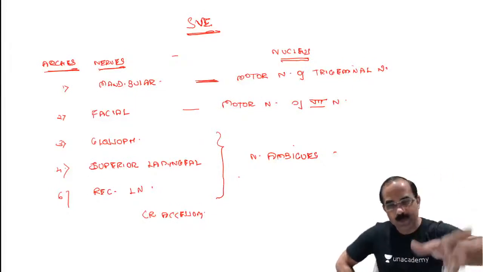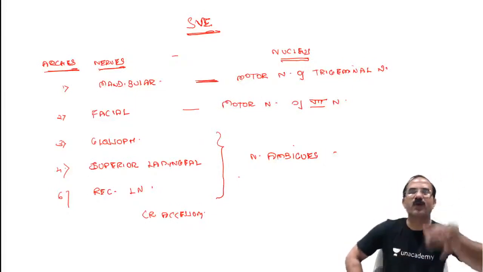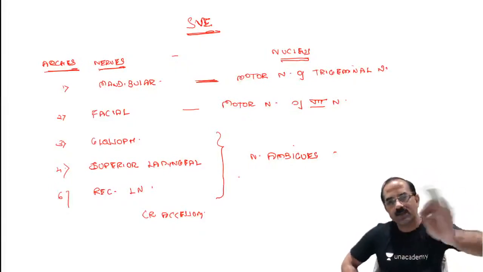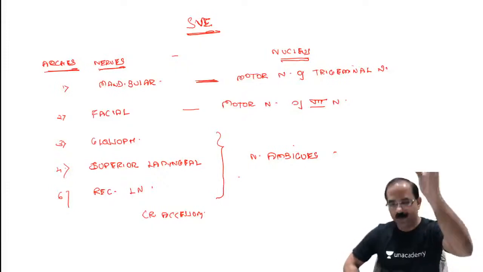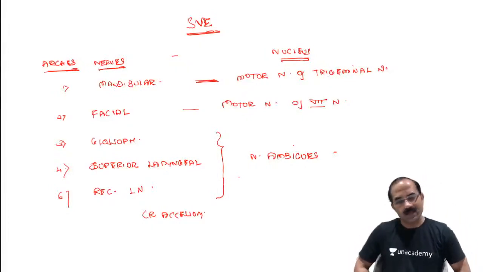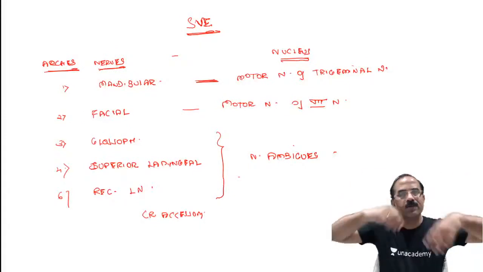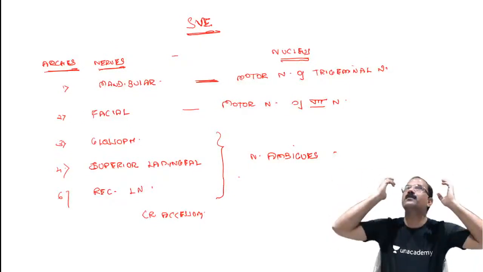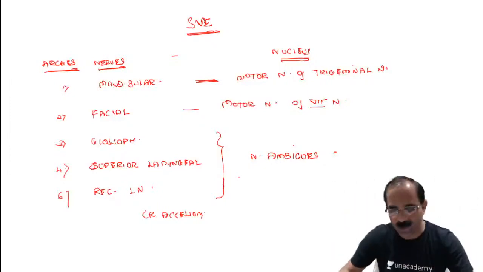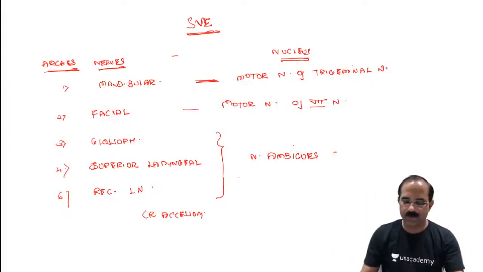So nucleus ambiguus is a common nucleus for the glossopharyngeal nerve, the vagus nerve and one more nerve which goes with the vagus, the cranial accessory. Tell me, there is a similar nucleus in which three nerves relay, but it's an afferent nucleus. Which is that nucleus? Are you following this?